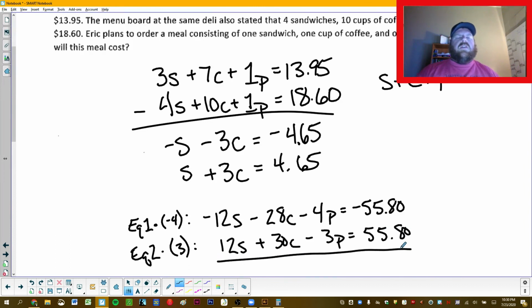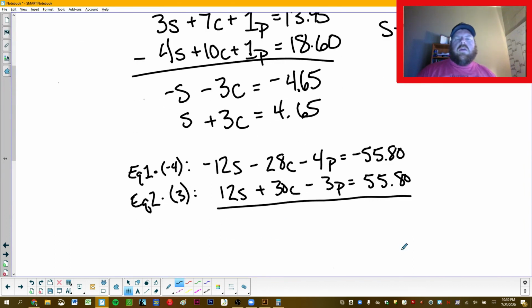So when I add these two equations, I'm going to end up with 0 sandwiches, 2 cups of coffee, and negative 1 piece of pie equals $0.